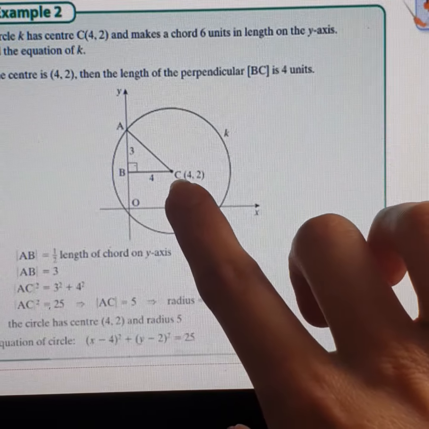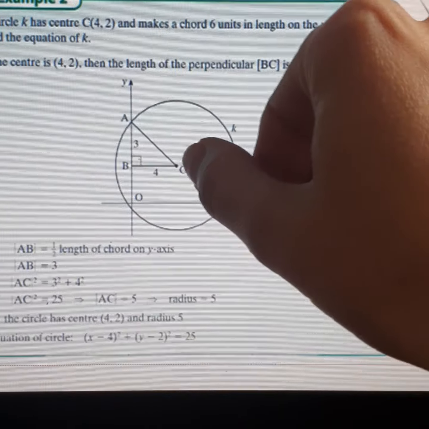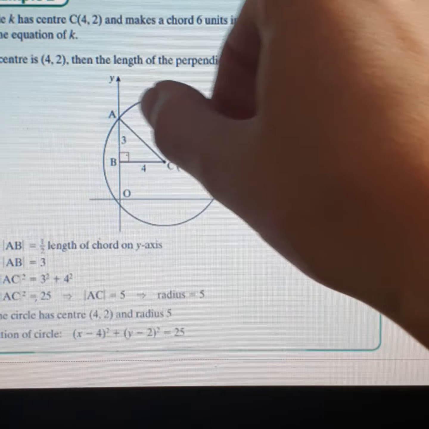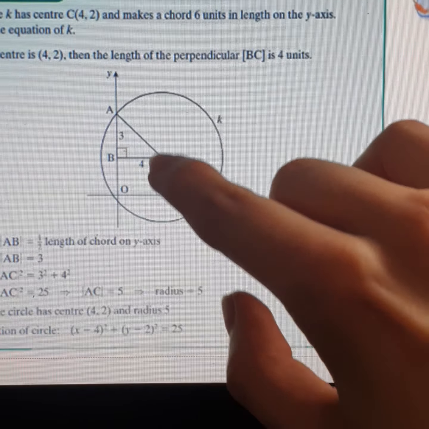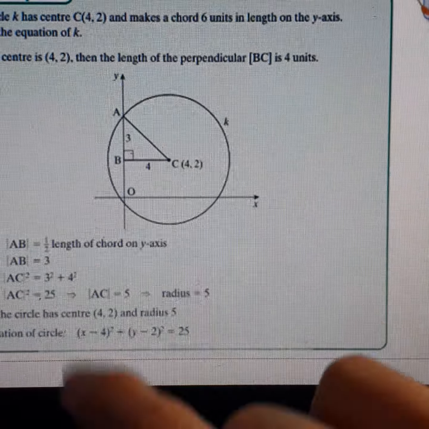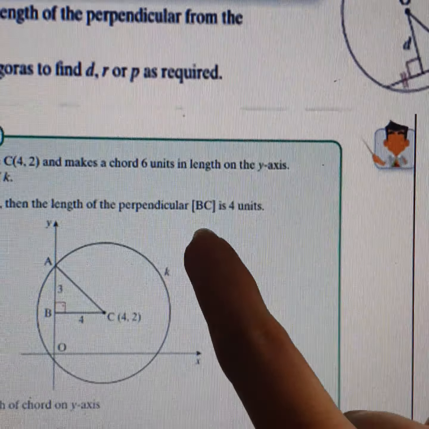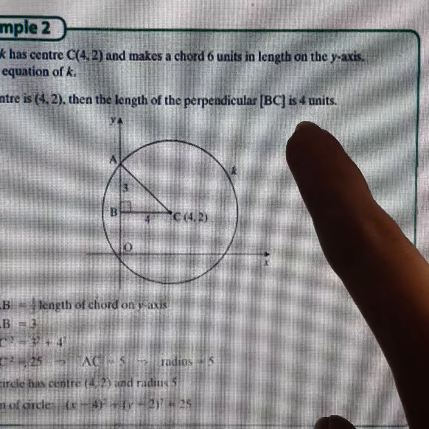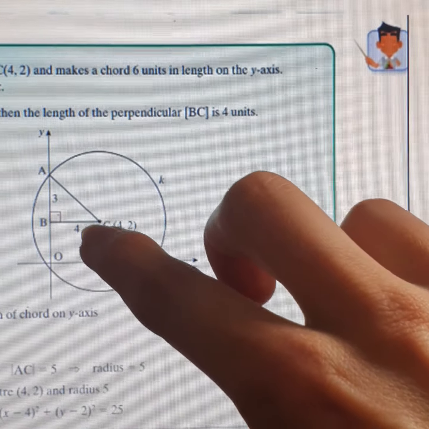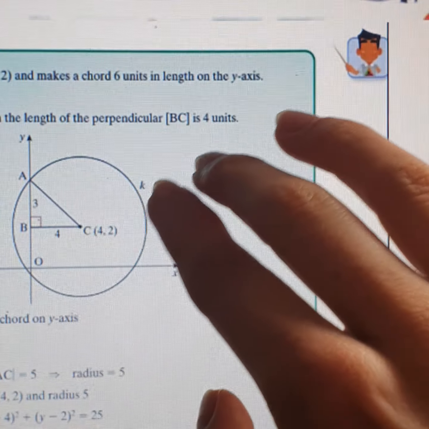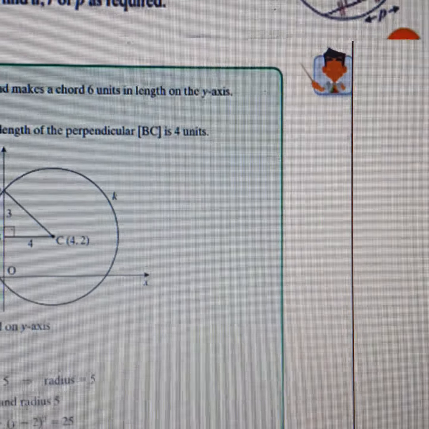So we have this circle and the center for K, but we need to find the radius length. We don't know the distance from here to here, but that would be the radius. Remember, any line that comes out from the center and touches the circle is equal to the radius. If the center is 4, 2, then the length of the perpendicular BC is going to be 4 units, from here to here.